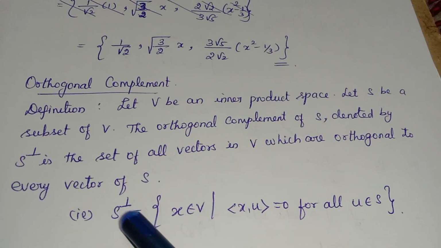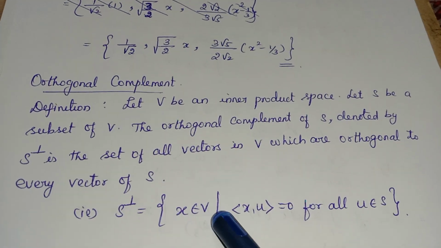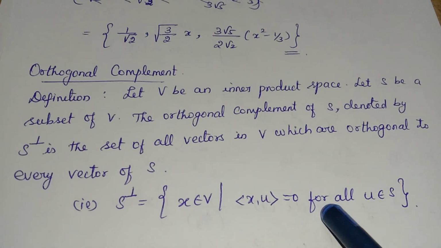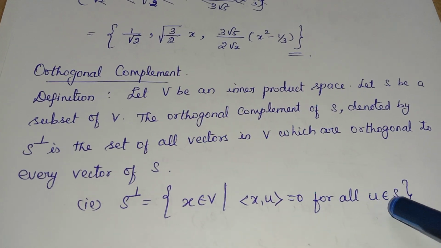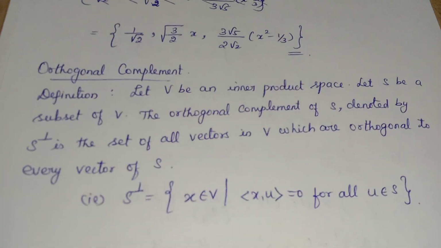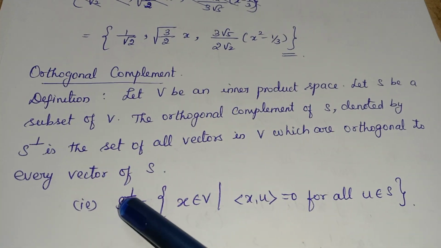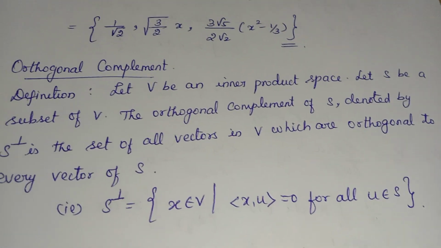That is, S orthogonal complement is equal to the set of all x belonging to V such that the inner product of x and u equals 0 for every u belonging to S. That is, every element of S is orthogonal to every element of S perpendicular. We can simply say it as S perpendicular, or orthogonal complement of S.